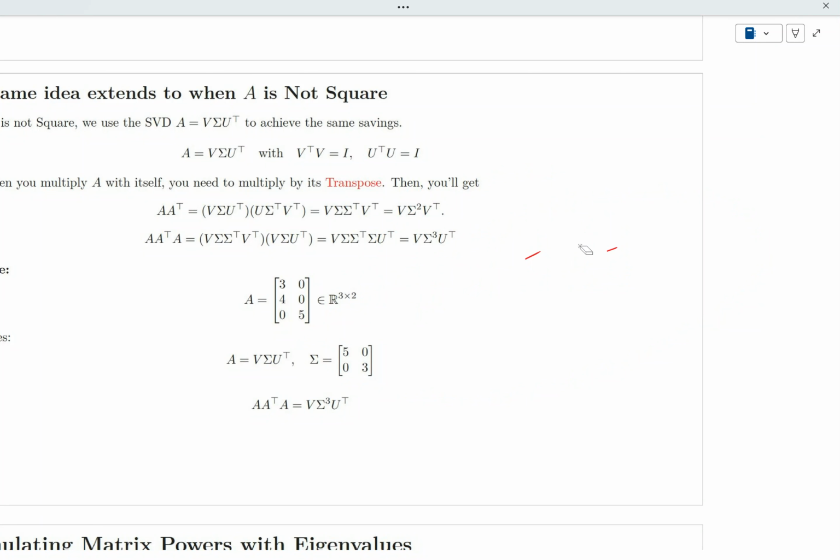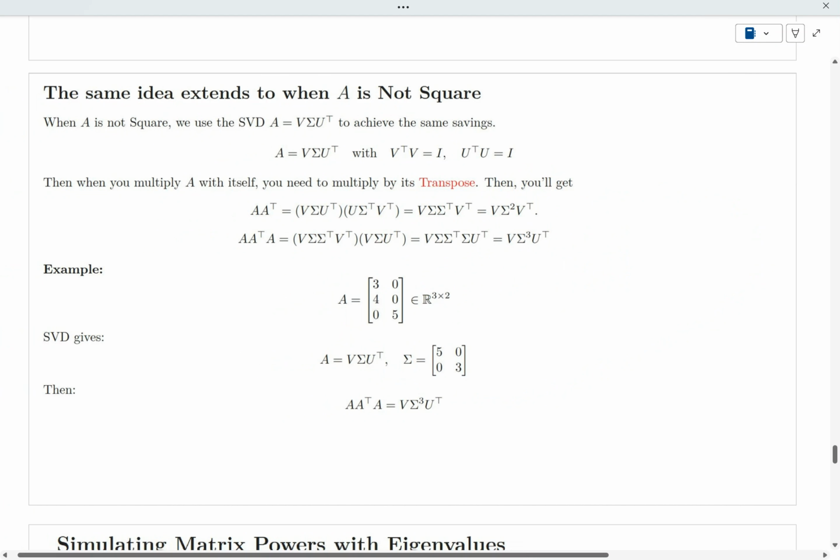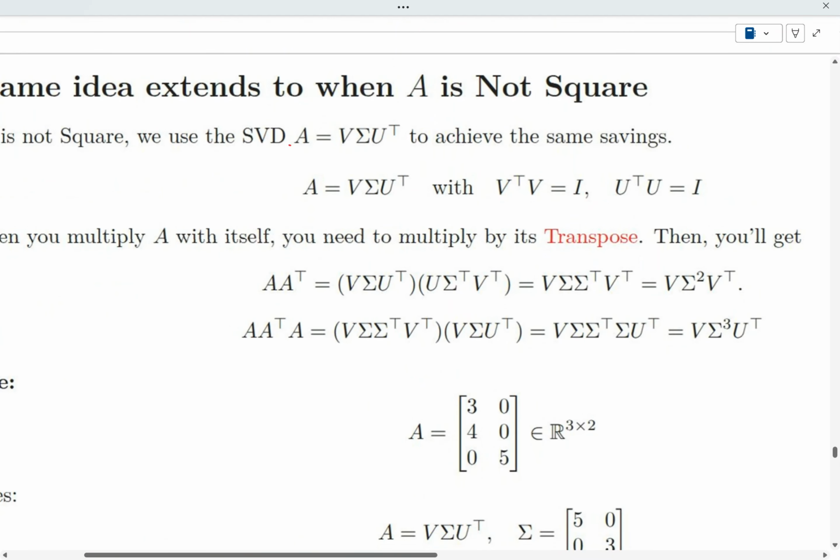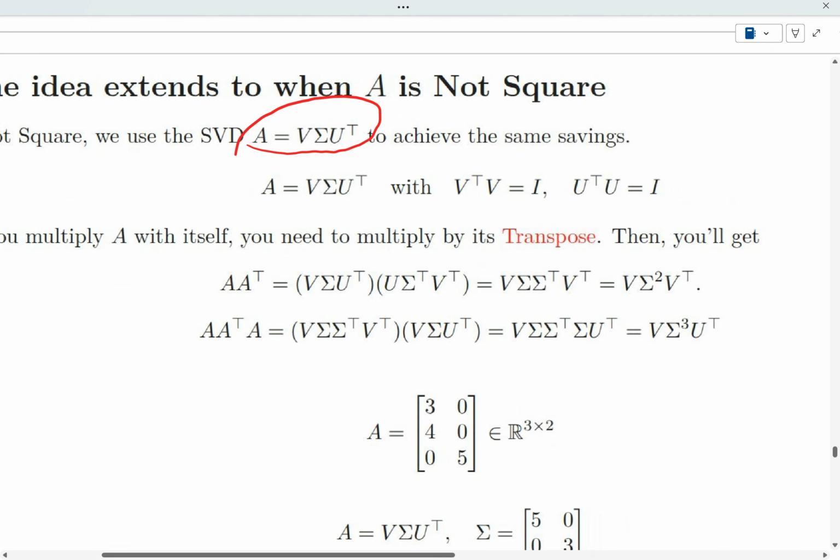So let's say we have the singular value decomposition. Remember, A is equal to V sigma U transpose. Therefore, A times A times A is equal to this. And remember, if you have U times U, that cancels each other out because U transpose is equal to U inverse, right?